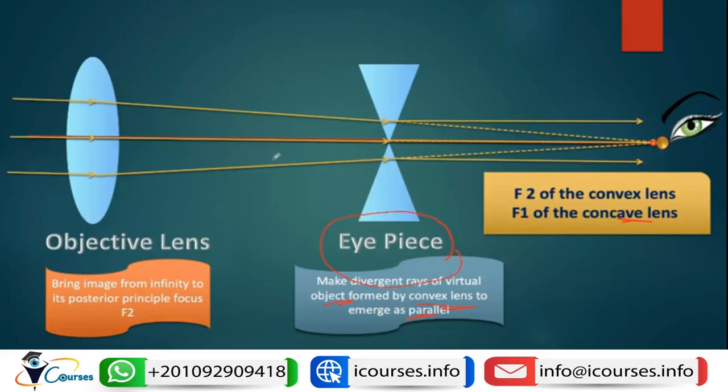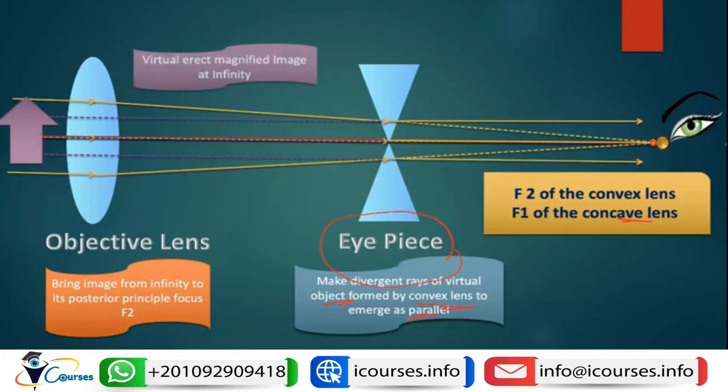So the principle of this system is that it will take the convergent light rays made by the objective lens and make them parallel to enter the eyes parallel, so that the eyes will see an image as the extension of light rays, and this image will be a virtual, erect, and magnified image at infinity.